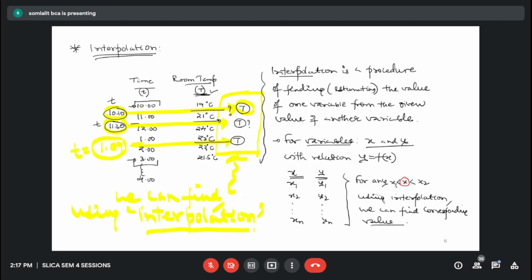Let me write here: finite differences. We'll use these differences to develop the interpolation formulas, and with the help of the formulas, we'll come back to the same data and answer all the questions very easily.